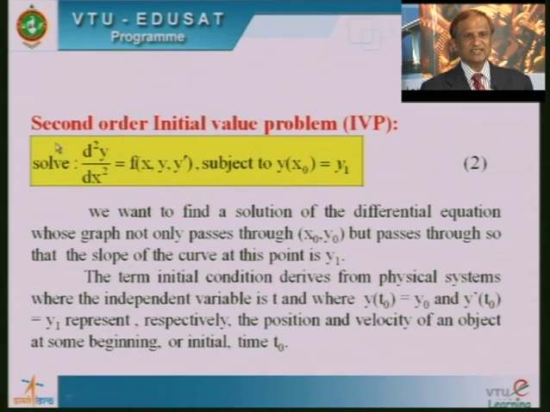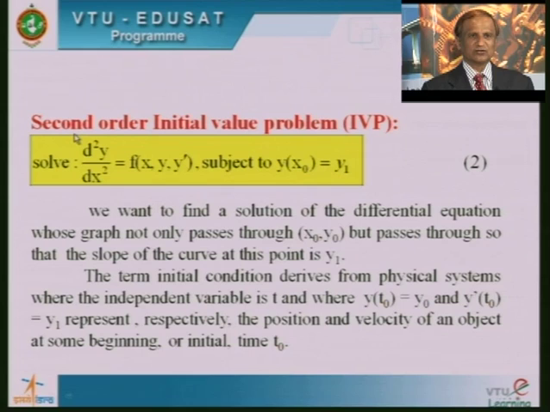Now, in exactly a similar way, we can define the second order initial value problem, of the form d square y upon dx square is equal to a function of x, y and y prime, subject to y of x naught is equal to y naught and y prime of x naught is equal to y 1.